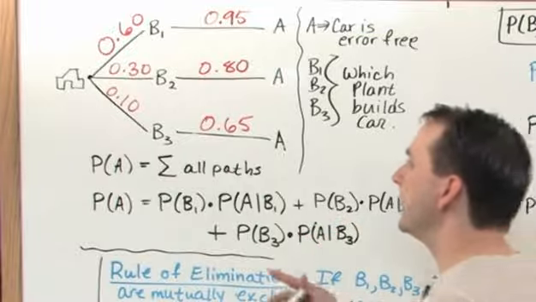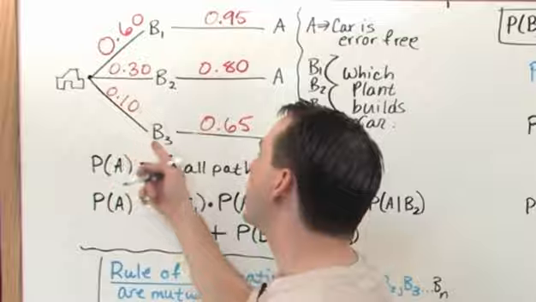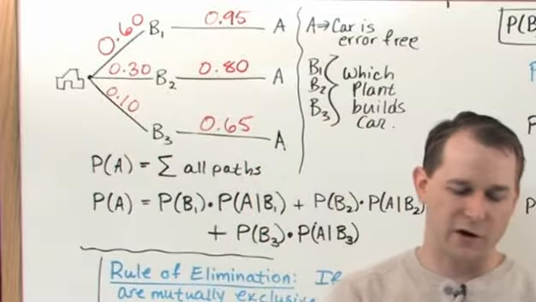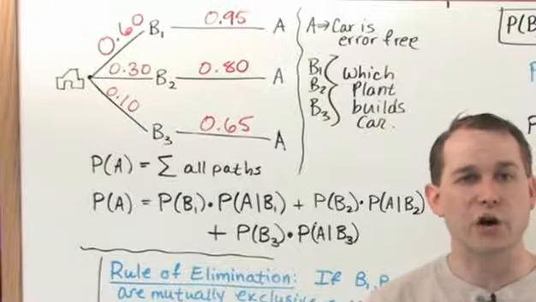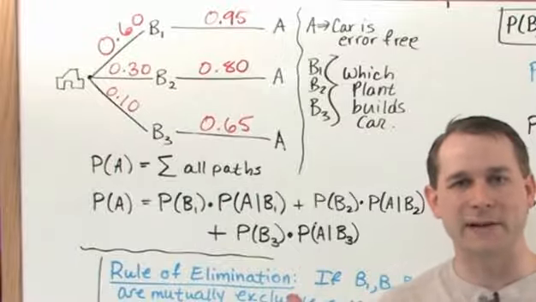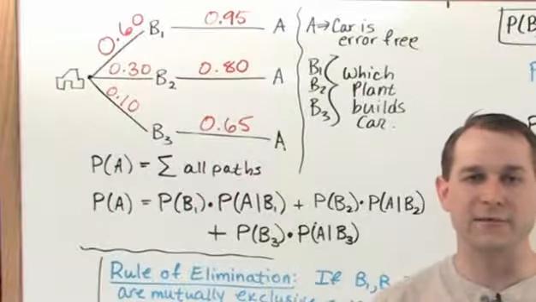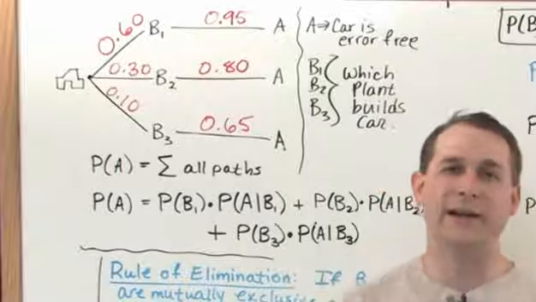The second thing is, of all the cars being built in the USA, only 10% of them come from B3 to begin with. So those 2 things are pretty far against the car being built by B3, because we know it was defect-free, but we know that plant pretty much stinks at building good cars, and we know the plant doesn't even crank out very many cars to begin with. So the probability that the car was built by that plant is very, very low.